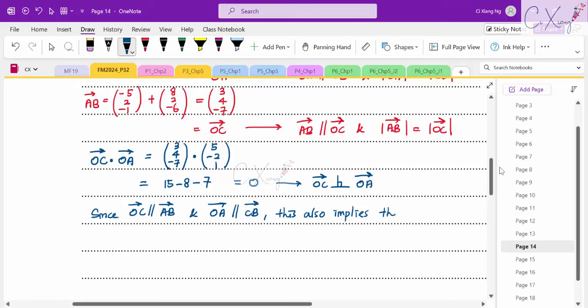You only need to prove one, and then by using the result that all the opposite sides are parallel, all the other angles are also perpendicular.